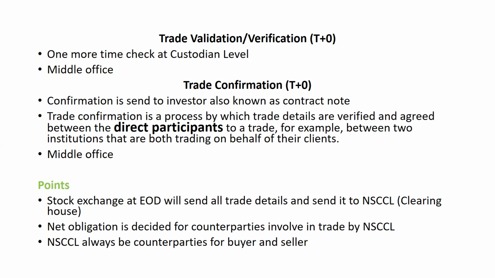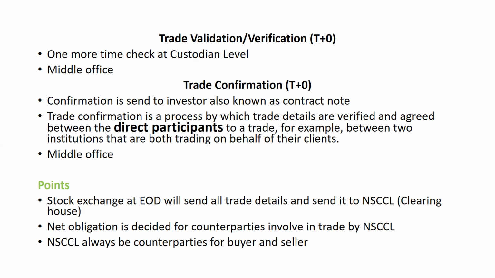Once all the trading happens between 9:15 and 3:30, at the end of the day the stock exchange sends all the trade details to the National Securities Clearing Corporation Limited, the clearing house. Then the net obligation is decided for the counterparties, the buyer and the seller involved in the trade, by the NSCCL, the clearing house.